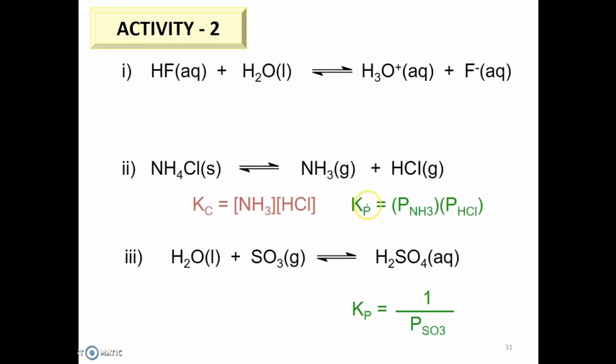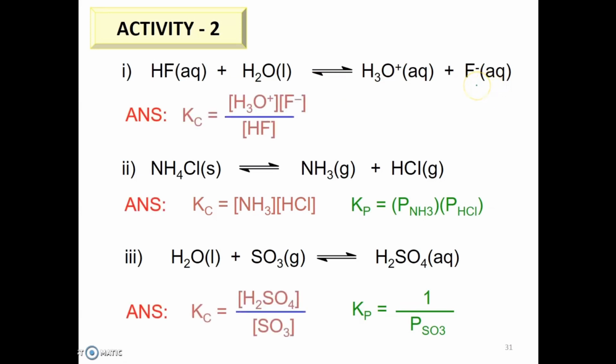So for 1, we have HF aqueous plus H2O liquid produce H3O plus aqueous plus F minus aqueous. So for Kc, the concentration of H3O plus times the concentration of F minus, both in the aqueous phase, over the concentration of HF only, since H2O appears as a pure liquid. So a pure liquid does not get involved in the Kc expression.